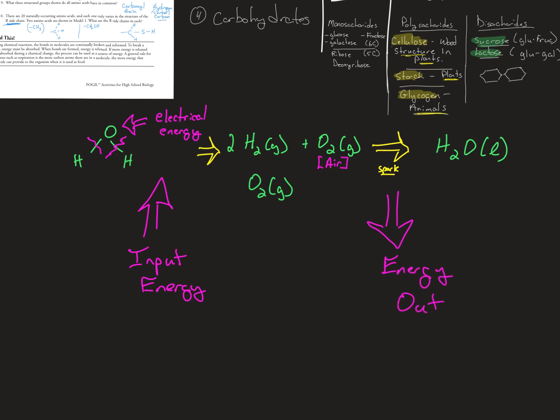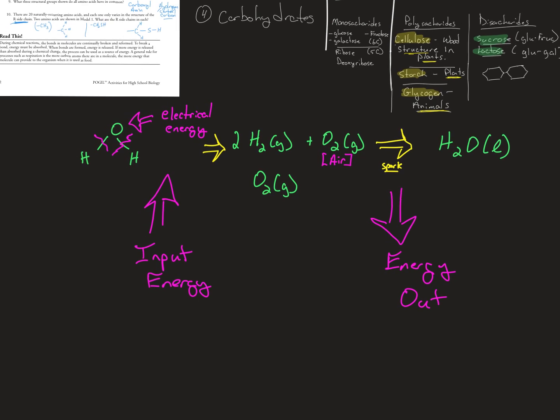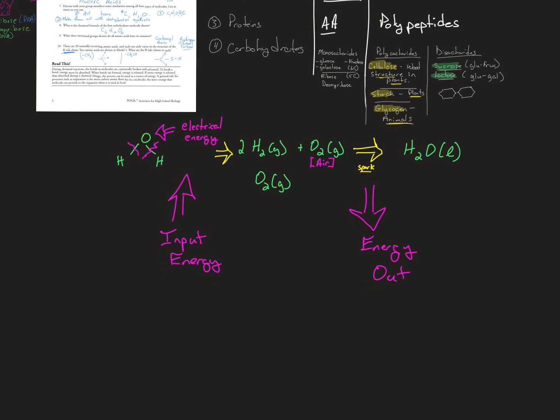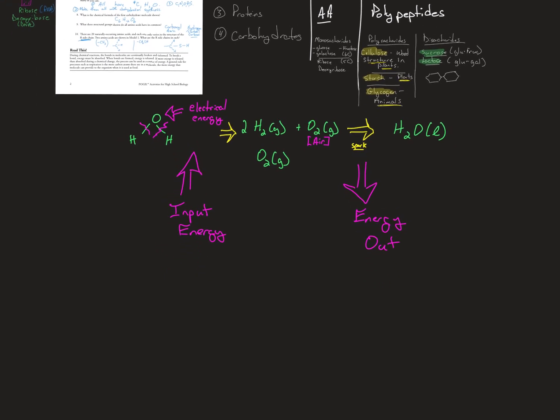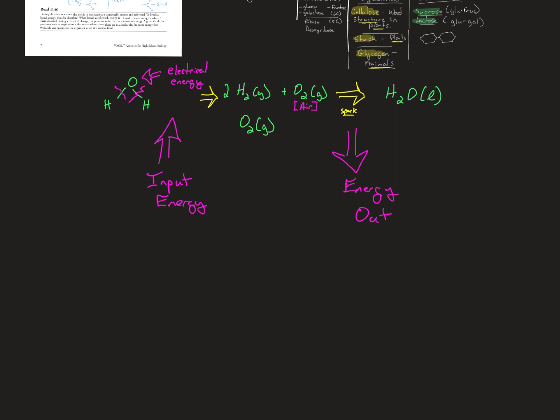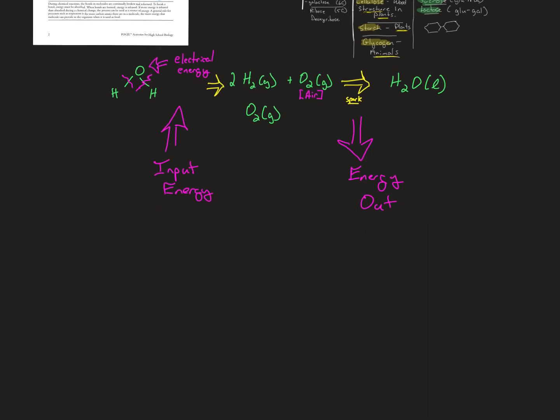Now, if we got more energy out than we put in, then we're making energy. We can use that energy to run reactions like our thoughts, our heart beating, etc. And that goes for any chemical reaction. You're either putting in net energy, or you're putting out net energy.